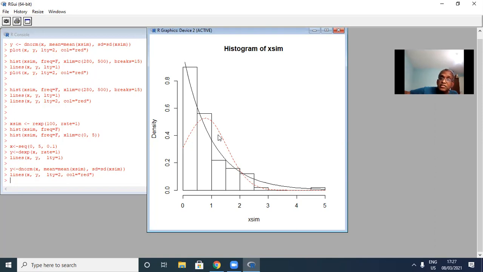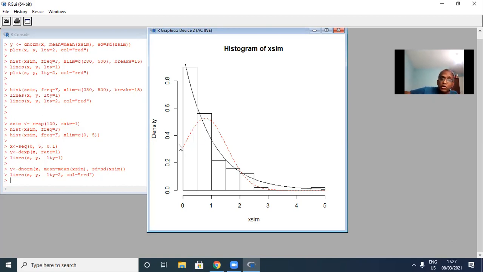Here, I simulated 100 random numbers from an exponential, and I did a histogram of the data, which is this. And on top of the histogram, I plotted the density of the gamma, which is the black line, right? So the black line matches up with the histogram pretty well, as it should.